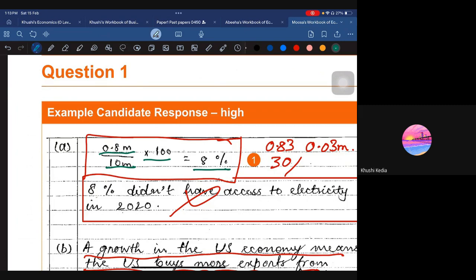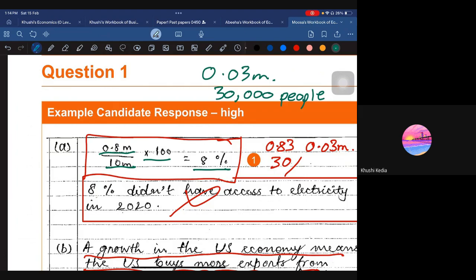No, sir. Why not? Because in that table it was written 0.83, not 0.8. So we should have the exact value written, which is 8.3, because 8% and 8.3 has a major difference in terms of that table. Because it's 0.03 million he is missing out, which means 30,000 people. He skipped that in his calculation. Can you do that? No, sir.